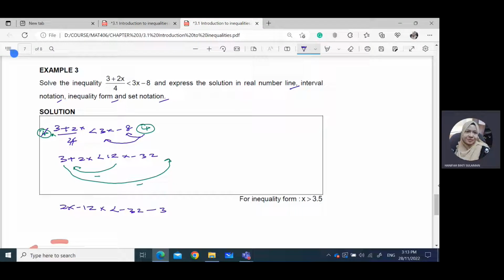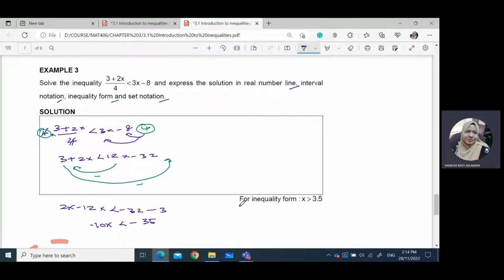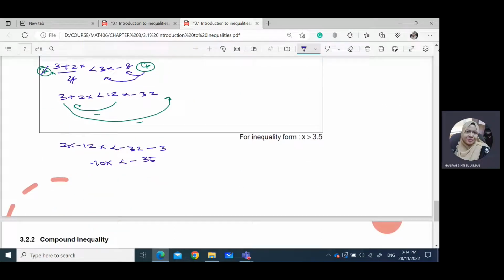Okay, so second, in the left hand side, we have negative 10x, which is less than negative 35. Negative 35. Okay, so we solve for this one.